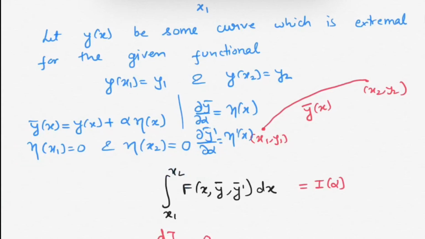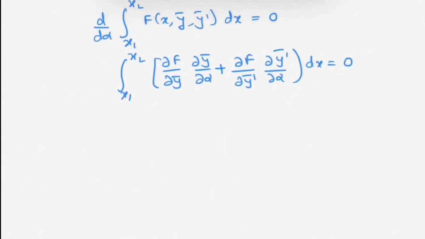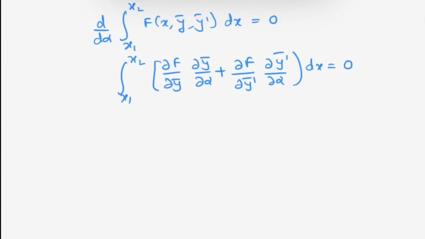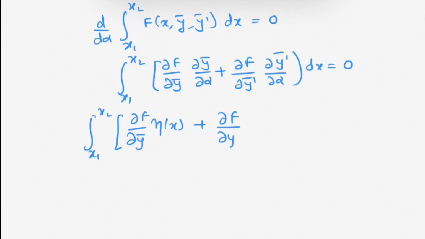Substituting these two values, we get integration from x1 to x2 del f over del y bar into eta x plus del f over del y bar prime eta prime x dx equals 0.